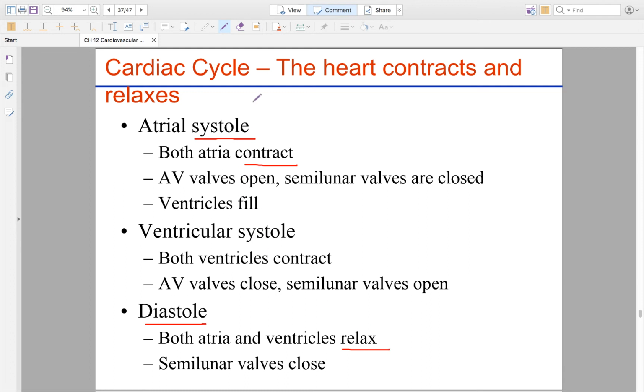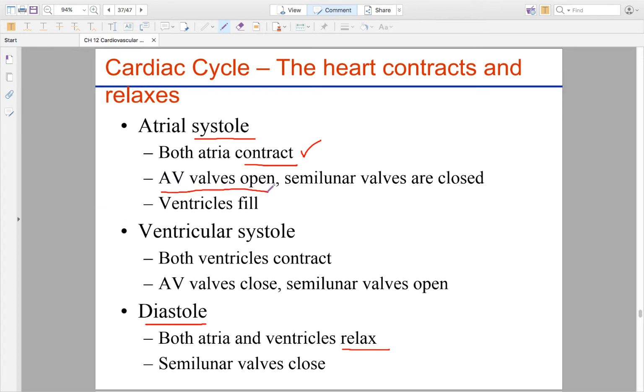And ultimately, we'll go ahead and start with atrial systole. Atrial systole is when both atria, the left and the right atria, contract. Okay, when they contract, they are going to push open both AV valves.